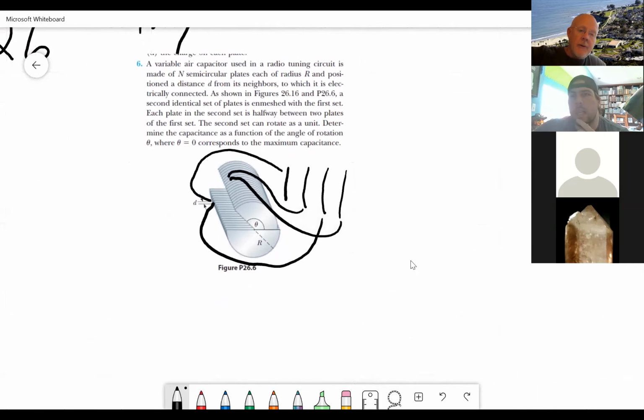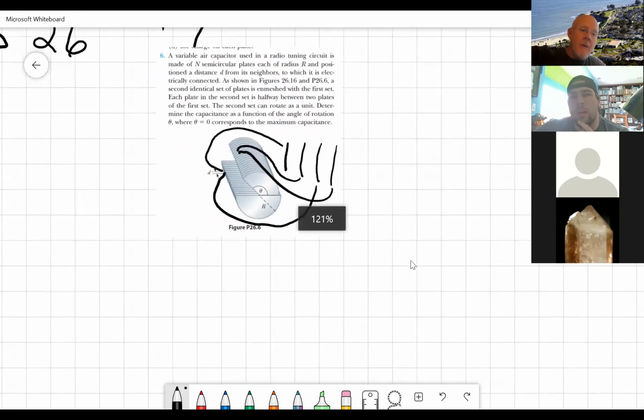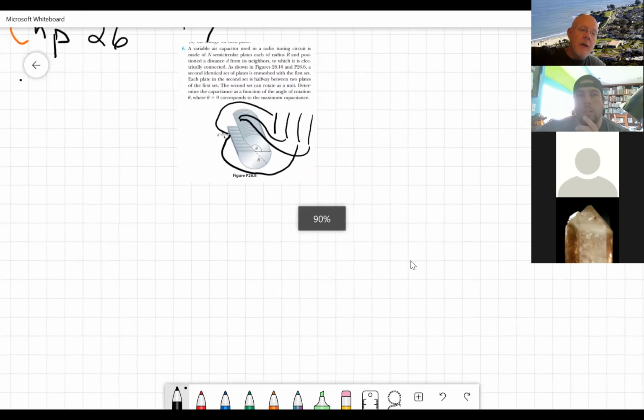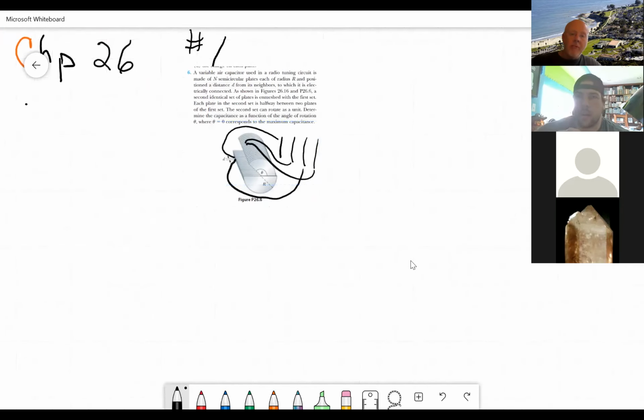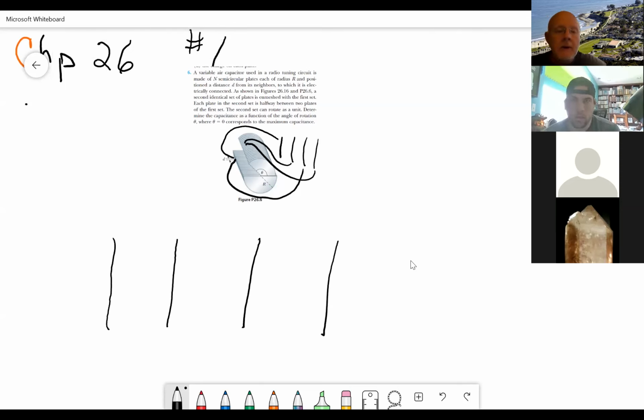So is it like you're taking two things and kind of mashing them together? Yeah, so it would be like if this was the bottom, a plate, a plate, a plate, a plate. That top half one is coming in between them, down to here, down to here, down to here.